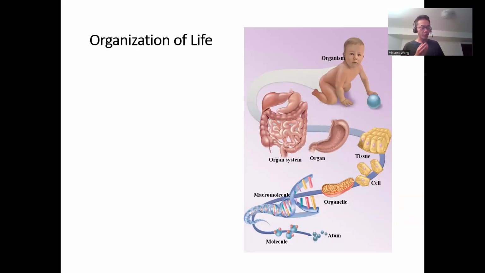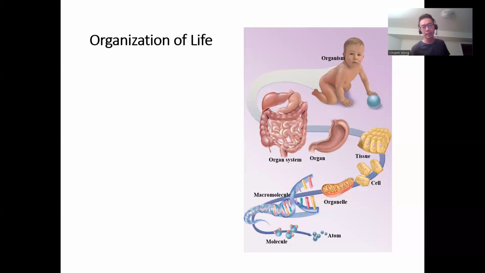In the first lecture, we talked about the characteristics of living things, right? And one of those characteristics is organization. Okay? There is some complexity to life, and the organization is going to hold true all the way to the molecular level.